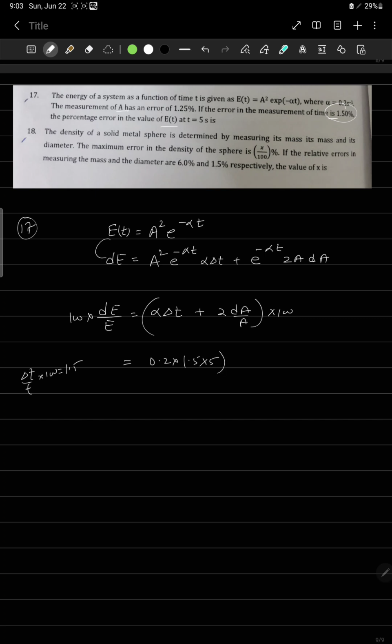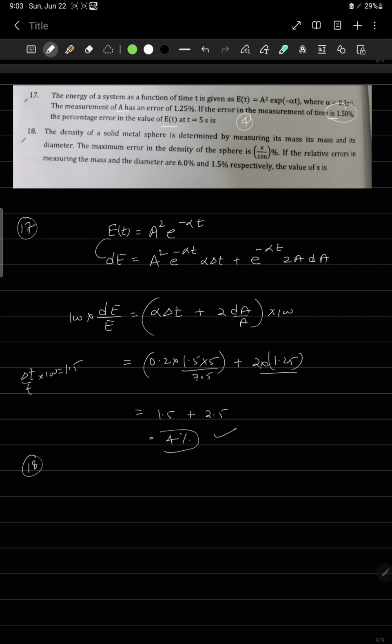T is 5, plus 2 times dA by a into 100, which is 1.25. So we'll just multiply here. This is 7.5, which means 1.5 plus 2.5, which means 4%, and 4 is the answer. It's a numerical value question, so 4 is the answer.